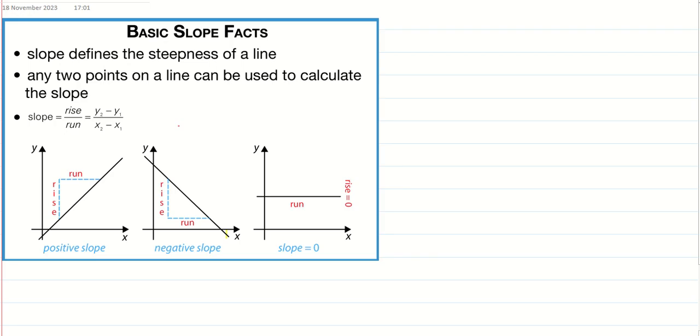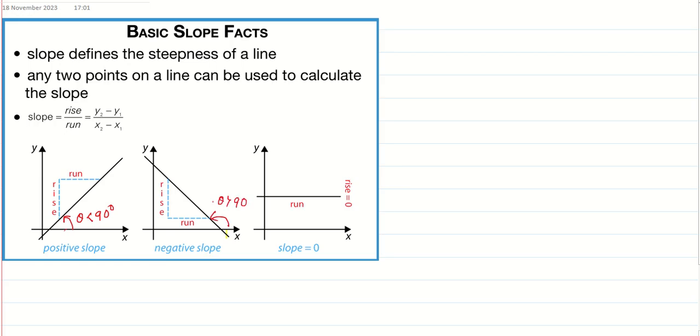And these are the basic slope facts you must know. When do we get a positive slope? When the angle with the base is less than 90 degrees. I always get positive. Means the angle with the x-axis in anti-clockwise should be less than 90. Then the slope is positive. If the angle is more than 90, what happens?